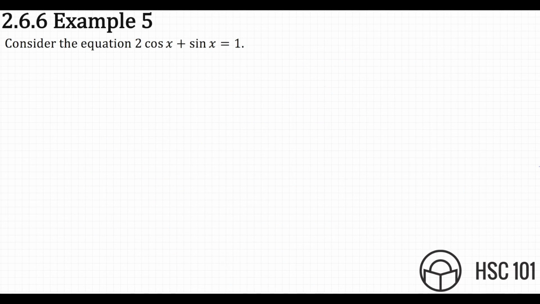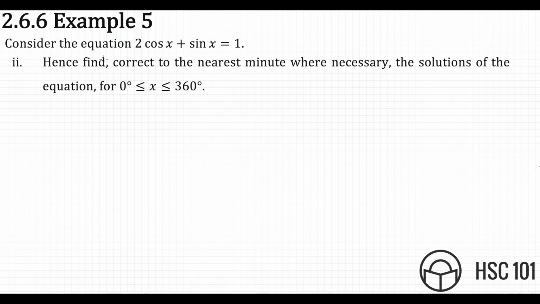Now from this, part 2 wants us to hence find, correct to the nearest minute where necessary, the solutions of this equation, 2 cosine x plus sine x equals 1, for x between 0 and 360, as usual.